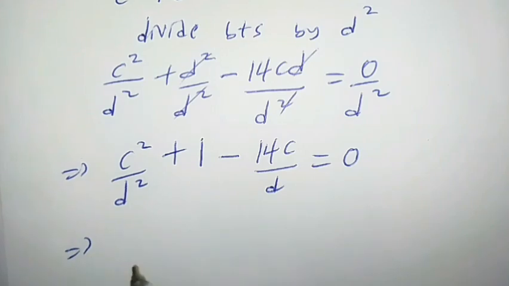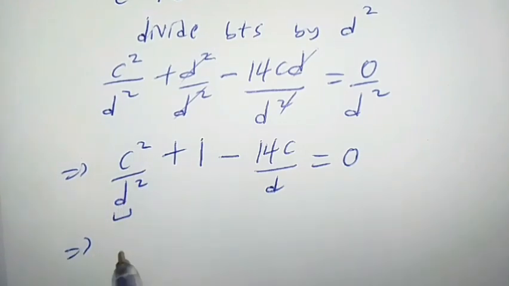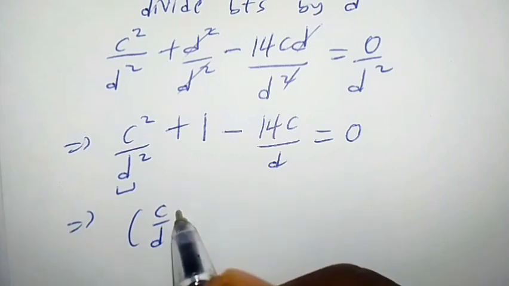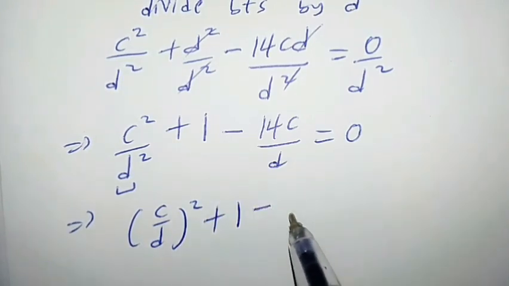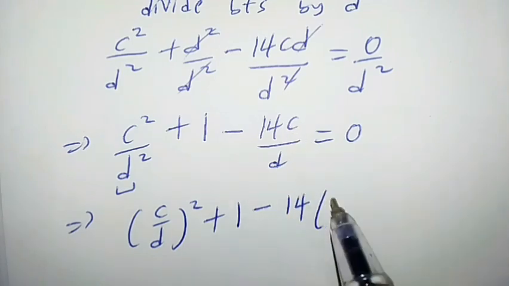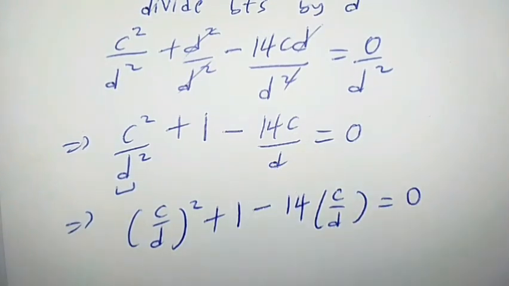This implies that C squared over D squared can also be written as (C over D) to the power of 2, plus 1 minus 14 times C over D equal to 0.